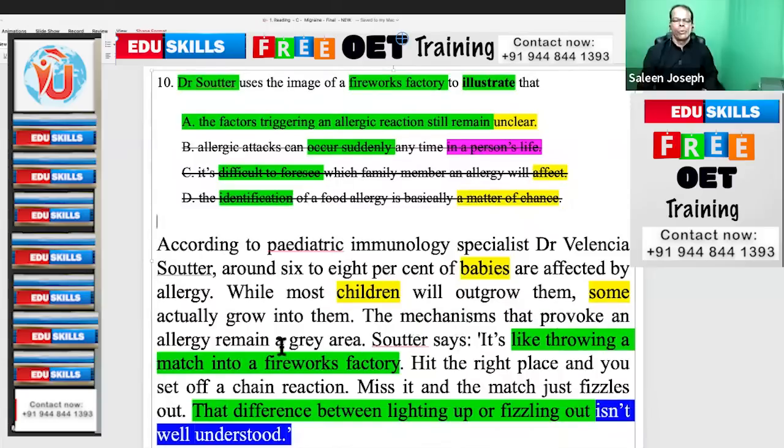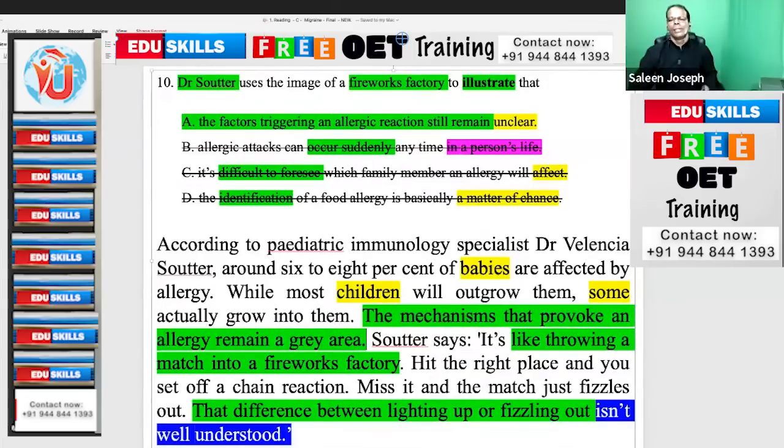The mechanisms that provoke an allergy remain a gray area. Gray area means it's not clear. This is the synonym of option A, unclear.